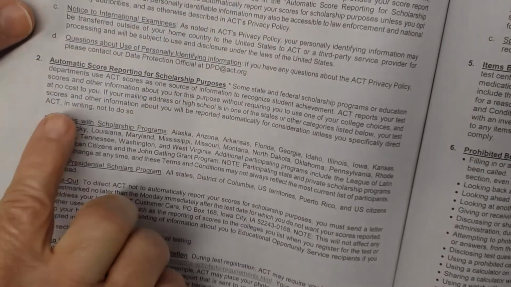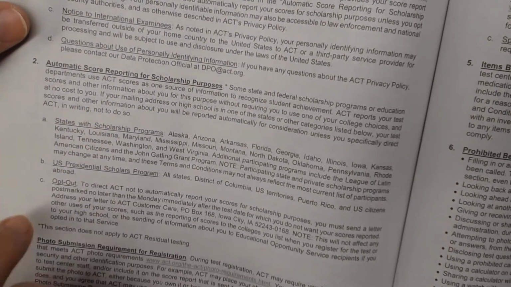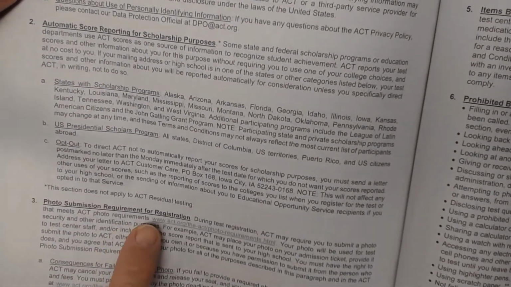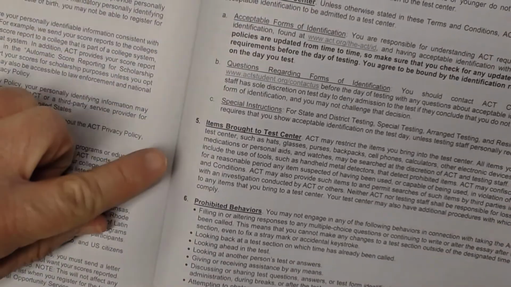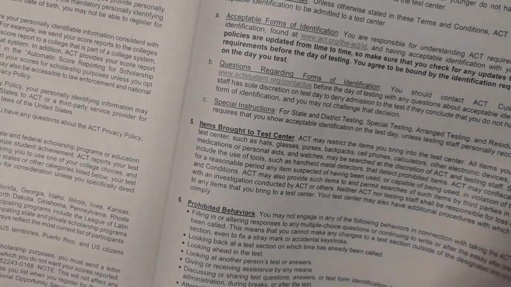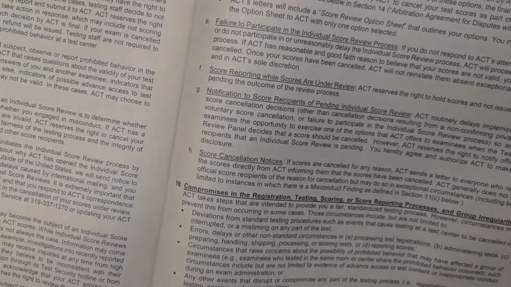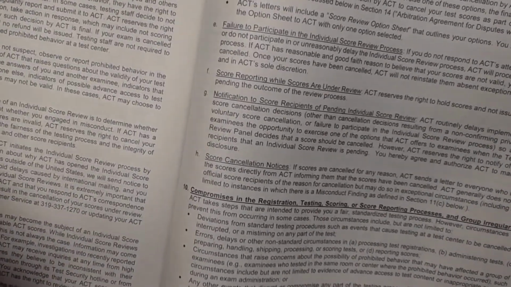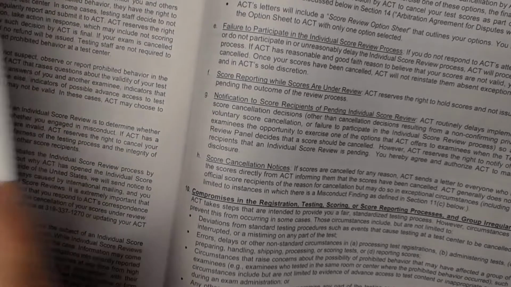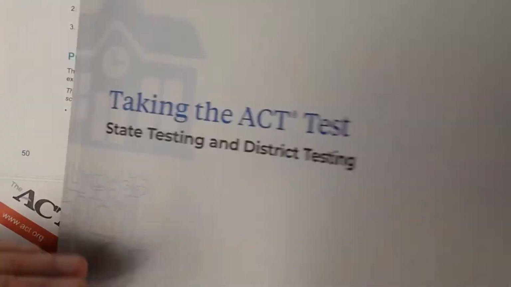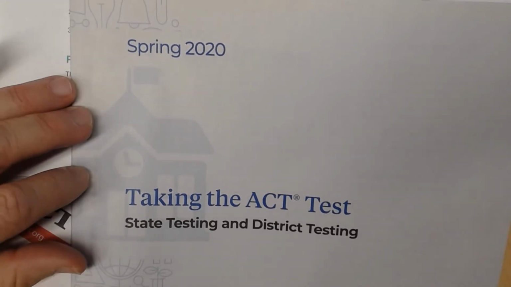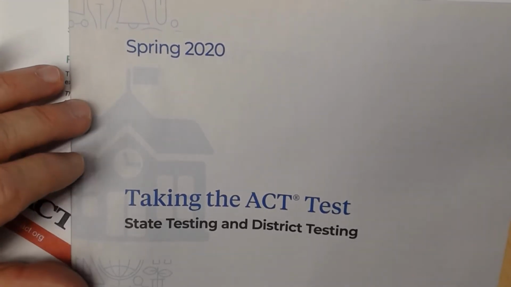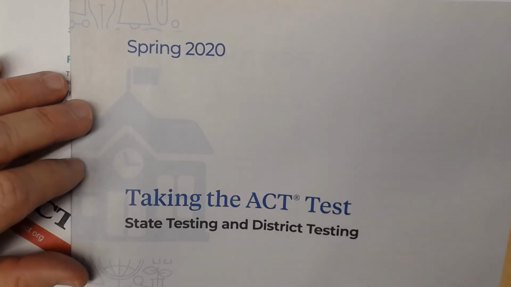There's information about automatic scoring reporting for scholarship purposes, photo submission requirements and registration, admission to test centers, items brought to the test center, etc. Okay, so this is all information that they should read. But again, this needs to be given to all students as they complete the non-test portion of the answer document.